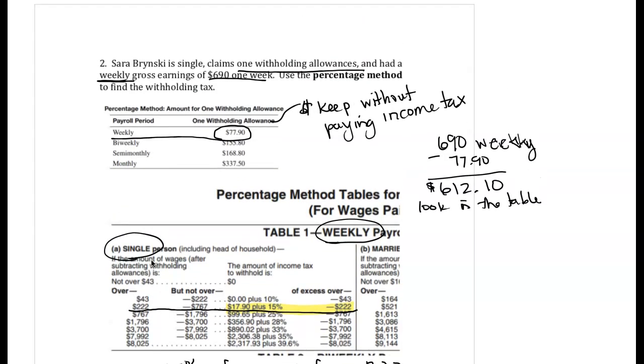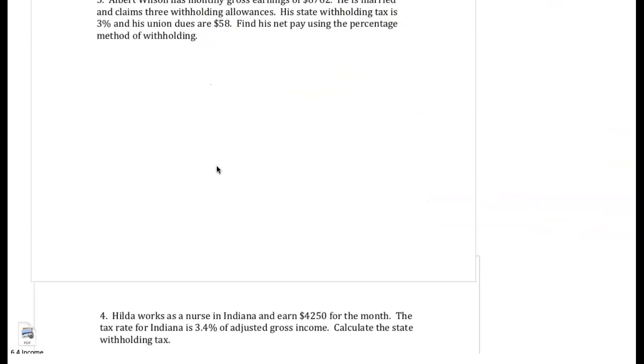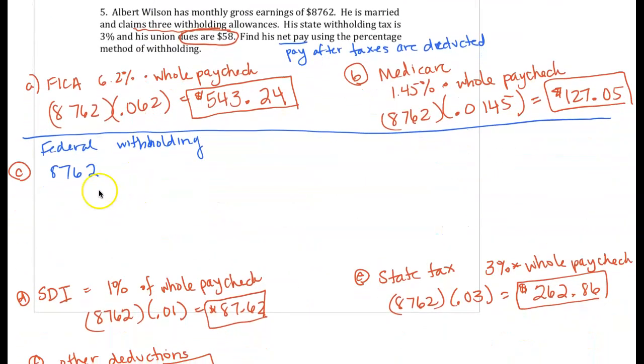And that allowances table said a monthly allowance was $337.50. In this case, there are 3 of those. So I'm going to multiply that by 3. $337.50 times 3 is a total of $1,012.50 for our allowances. Remember, that's deducted from the whole paycheck.